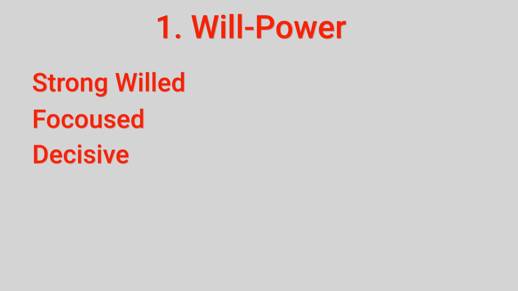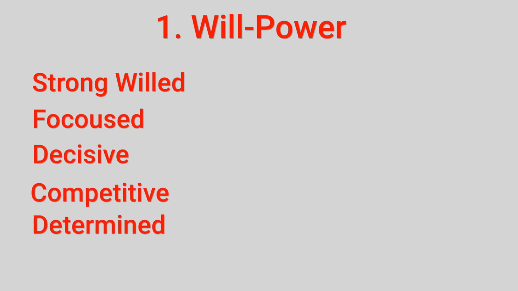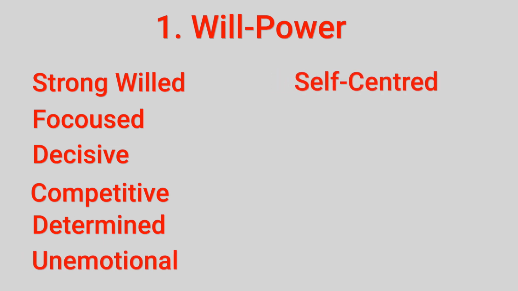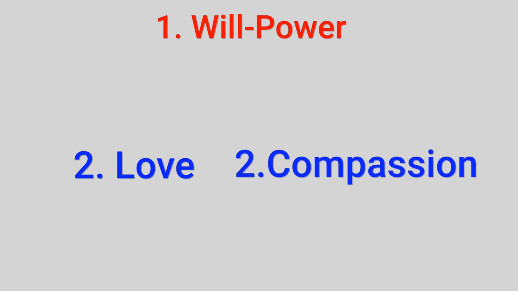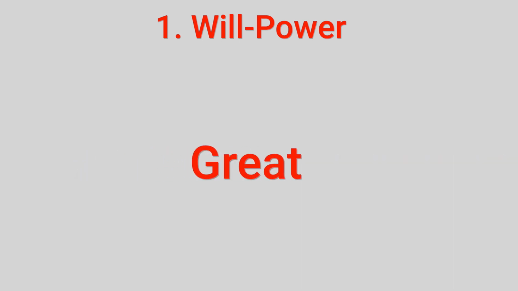Willpower. First ray people are strong-willed, focused, decisive, competitive, determined, and unemotional. They are often self-centered, loners, judgmental, or can even be destructive. If the possession of a strong will is balanced with love and compassion from the second ray, such individuals can truly be great.